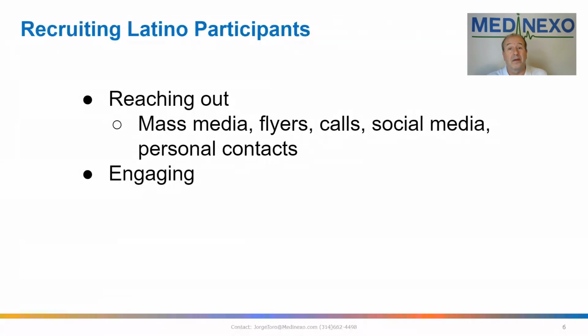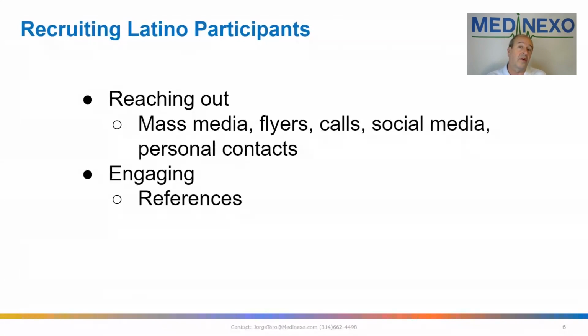Now, the other thing that happens is you have to think about engaging. So once you reach out, how do you engage these Latino people? You have to think about references. You have to think about when you are engaging that Latinos are very involved, in general, and I don't want to be too broad in the specification, but in general they are very much about referrals.